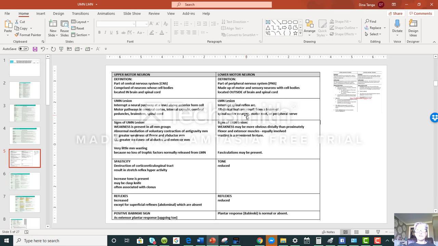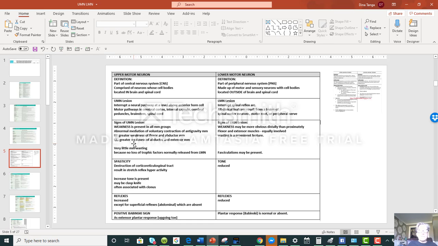All clinical features result from a lesion of spinal motor neurons, the motor root, or a peripheral nerve. So the lower motor neurons interrupt a spinal reflex arc, and the upper motor neurons interrupt a neural pathway at the level above an anterior horn cell.